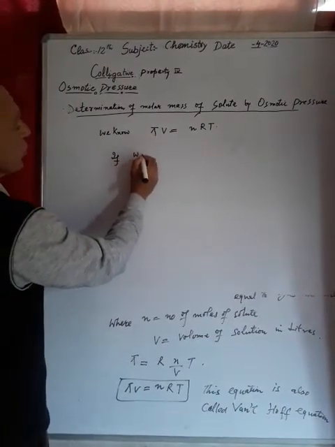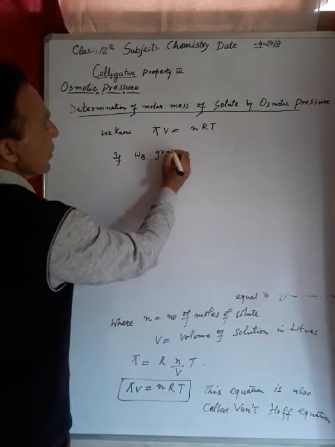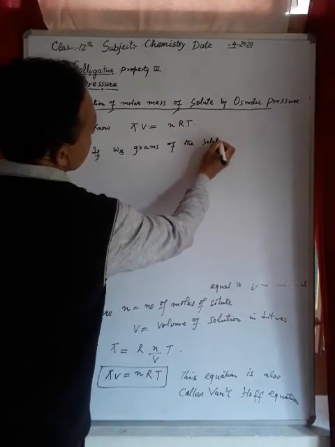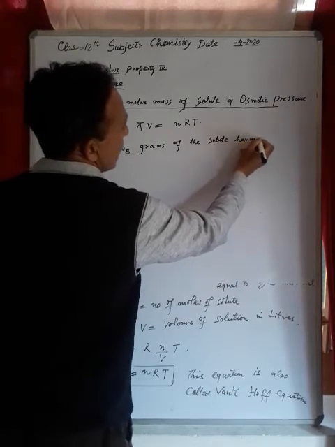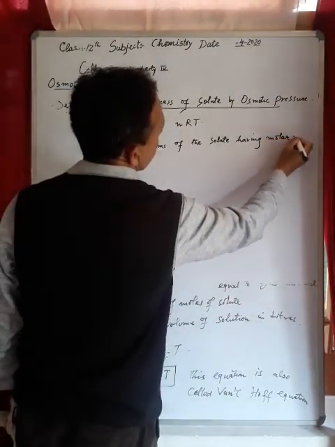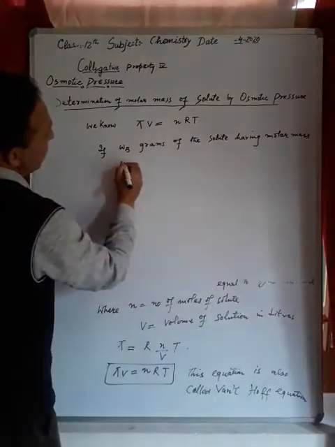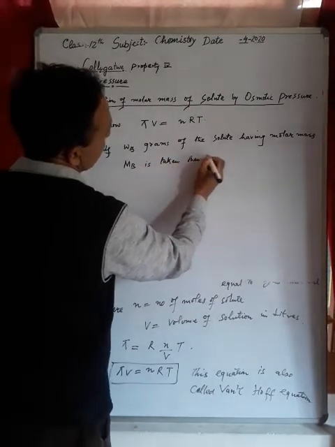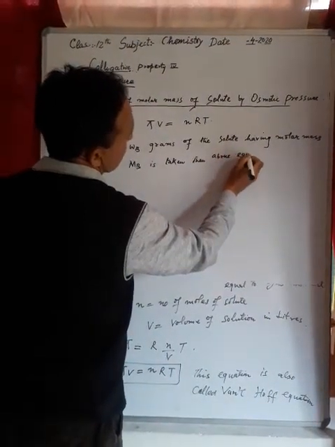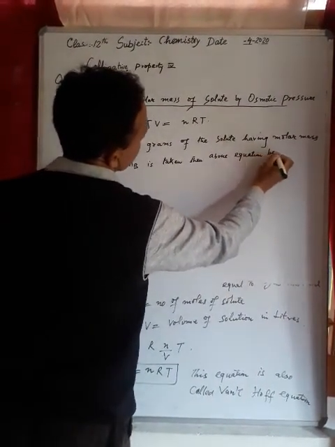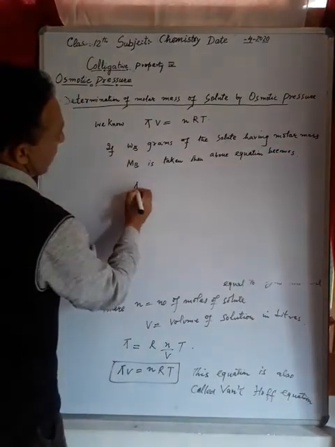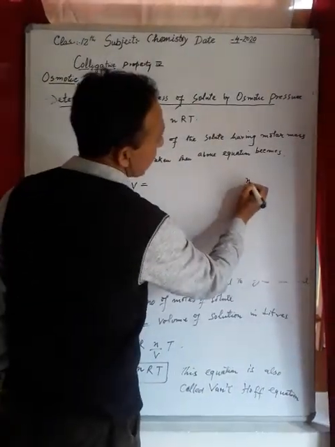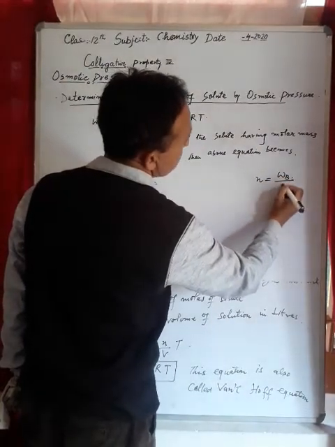If W_B grams of the solute having molar mass M_B is taken, then the above equation becomes pi V is equal to n R T. For n we will write W_B by M_B.